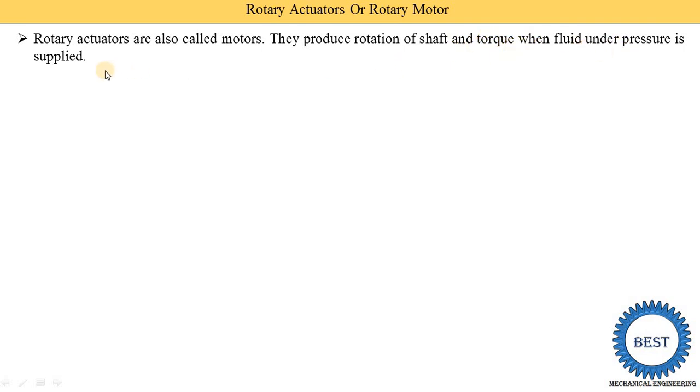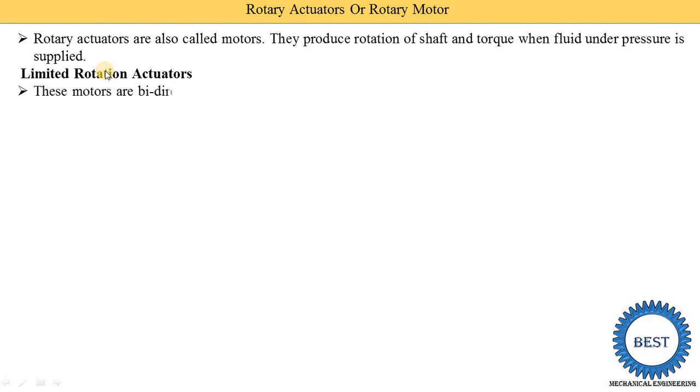So in a rotary actuator or rotary motor, we supply hydraulic energy as input, and output from the rotary motor is the rotation of the shaft, means we get rotational energy, which is called mechanical energy. In an electric motor, we supply electricity and it is converted into rotational, means mechanical, energy. Same way in hydraulic motors or rotary motors, we supply hydraulic energy and it is converted into mechanical energy.